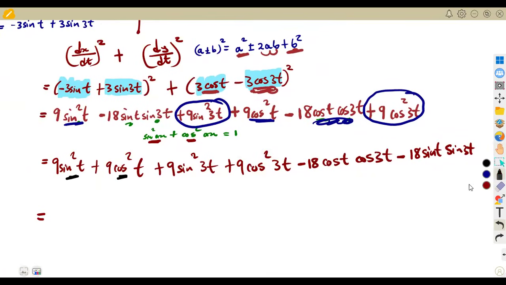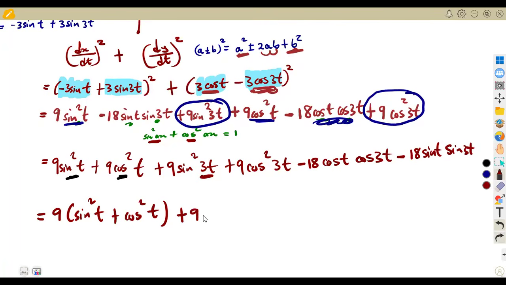Sine squared and cos squared, we said this can give us a 1. But we have to factor out a 9, which is common, so that we remain with sine squared t plus cos squared t. It is the same thing on this sine squared 3t. Take note, we are having 3t, that is the major thing.